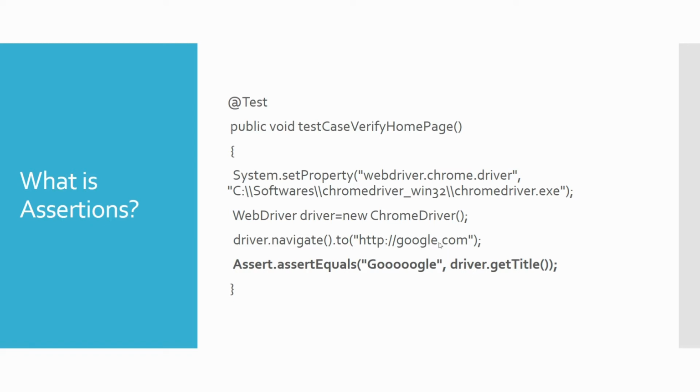So you'll get an exception thrown which shows the expected value and the actual value. This is how assertions work. You write some test steps and then you assert the expected value of that test case to qualify it as a pass.